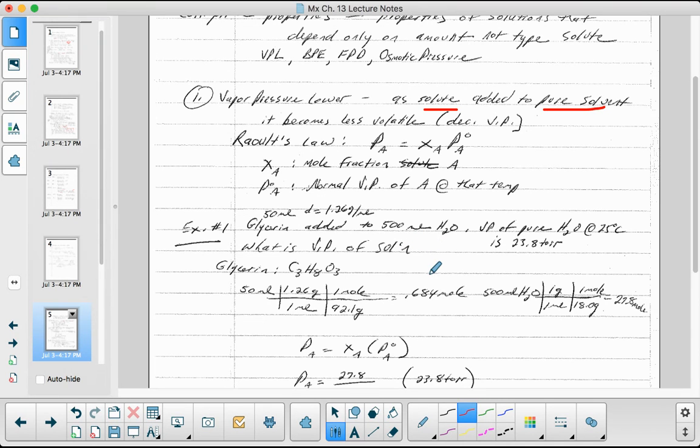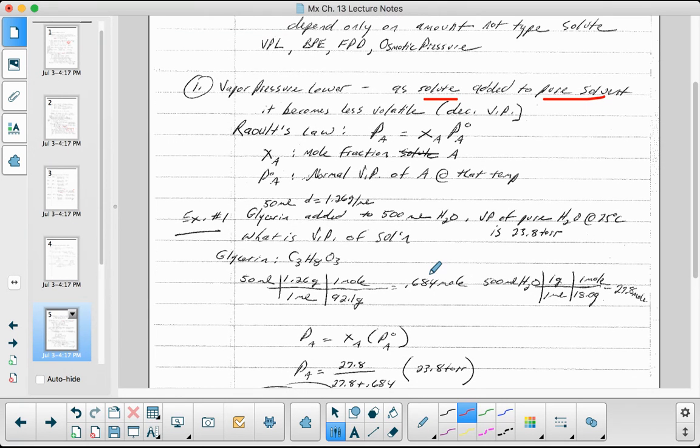So what I have to do is find, first of all, the mole fraction of my solute. So I have 50 milliliters of glycerin, which is my solute, that's added to my solvent water.